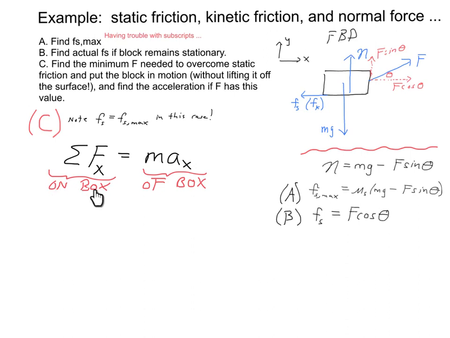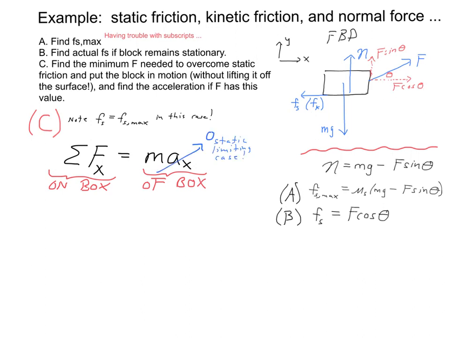So the sum of the forces in the x direction acting on the box must equal the mass of the box times the acceleration in the x direction of the box. Those forces are this one, where we've got to use the maximum possible static friction since we're just trying to overcome it. And then we've got the F cosine theta here.